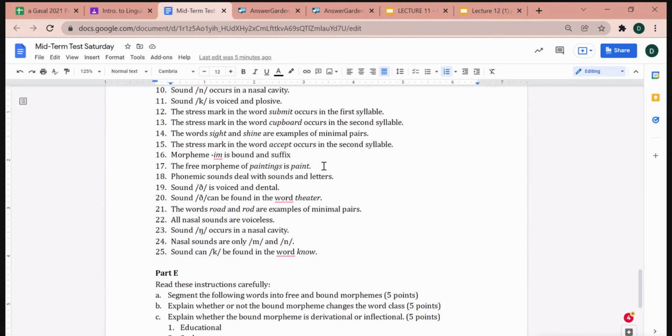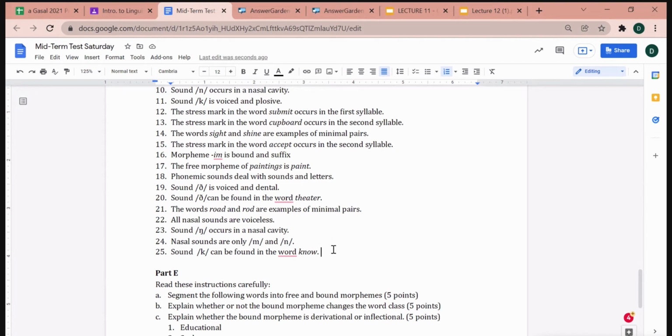Number 17. True. Number 18. That's true, right? Phonemic sounds deal with sounds and letters. If you say number 18 is true, let's take a look at number 25. Sound K can be found in the word know. If you say that number 18 is true, then you can also say number 25 is true, because we are dealing with sounds and letters.